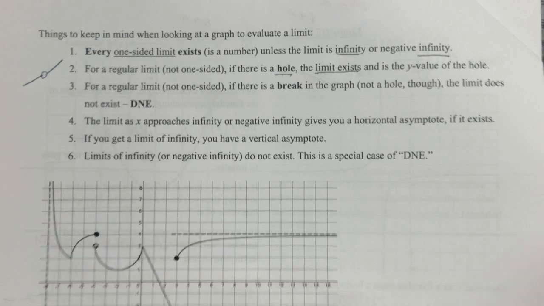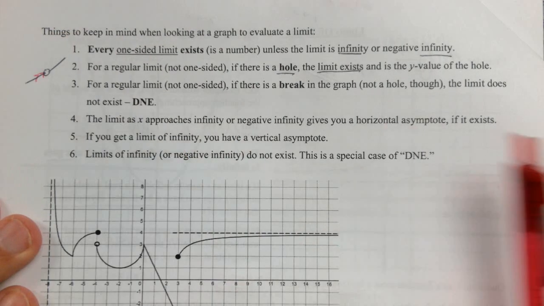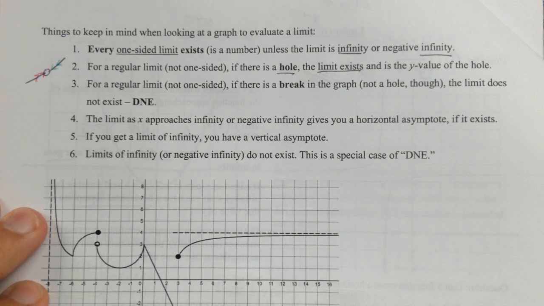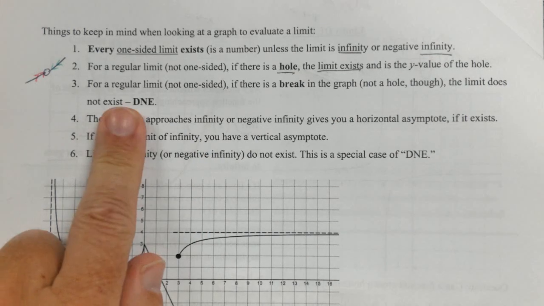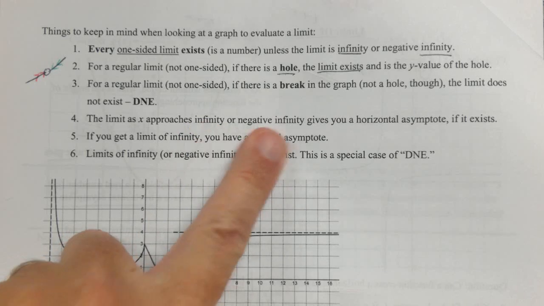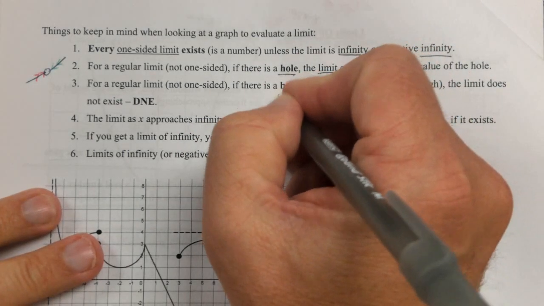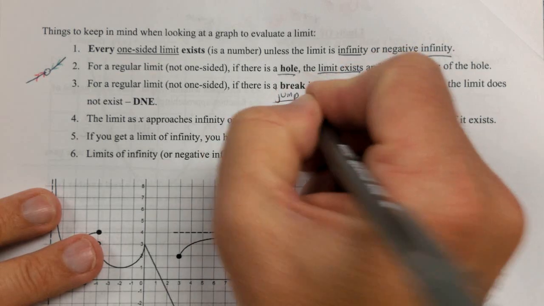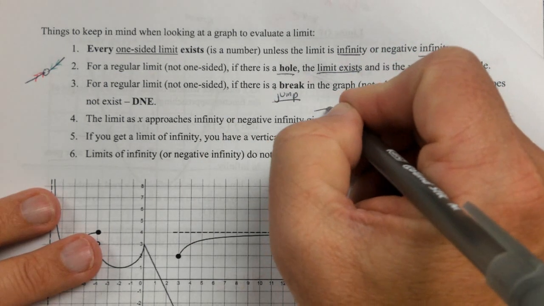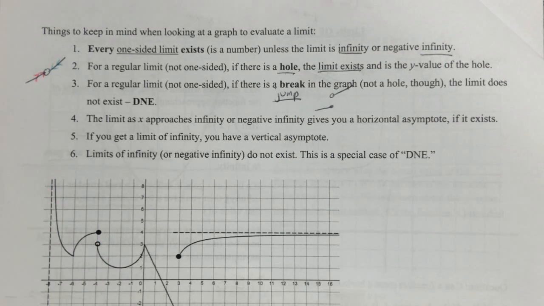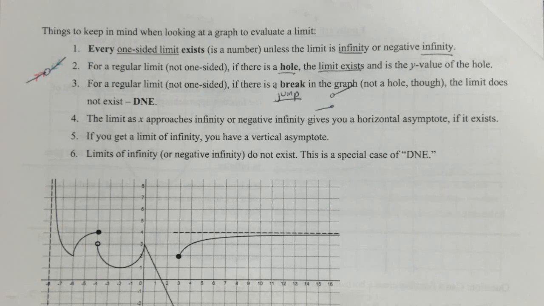We care what's happening as we get closer to the point. For a regular limit, not one-sided, if there's a break in the graph but not a hole, the limit does not exist. May as well put the fancy term on that, if there's a jump. If there's a jump in the graph, then there's no limit. There might be a left limit and a right limit, but there's not an overall limit.